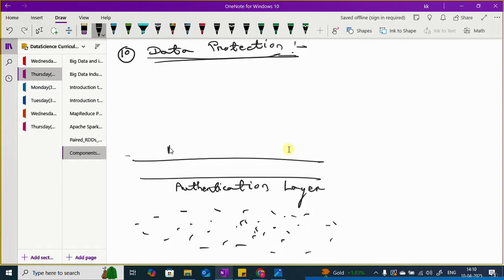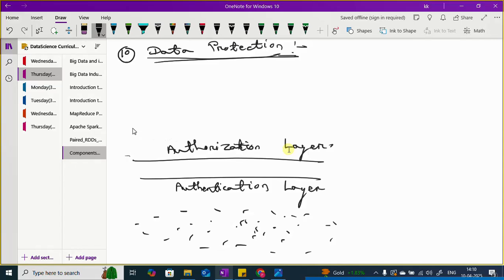On top of that, the authorization layer. So this is the authentication layer, and this is the authorization layer.